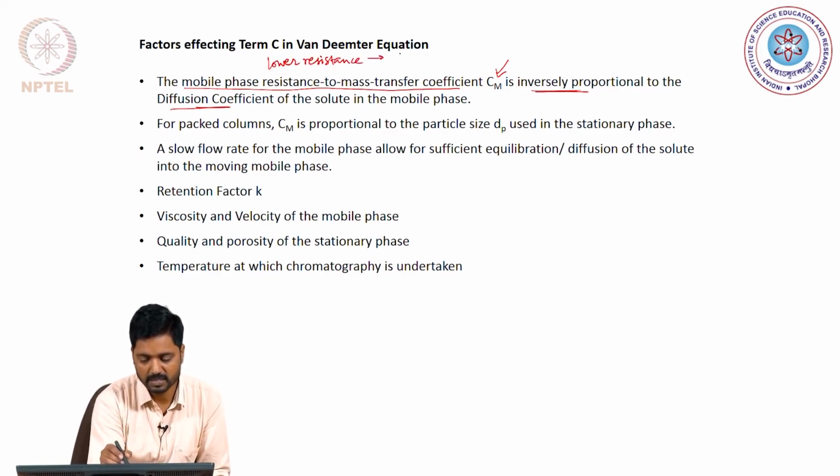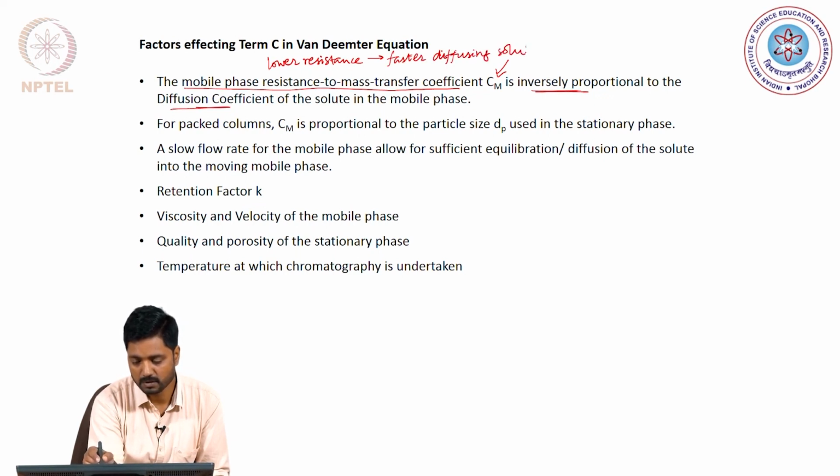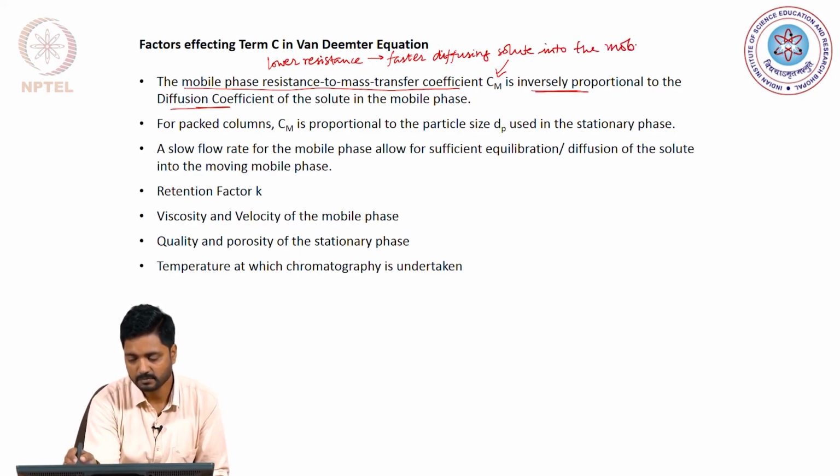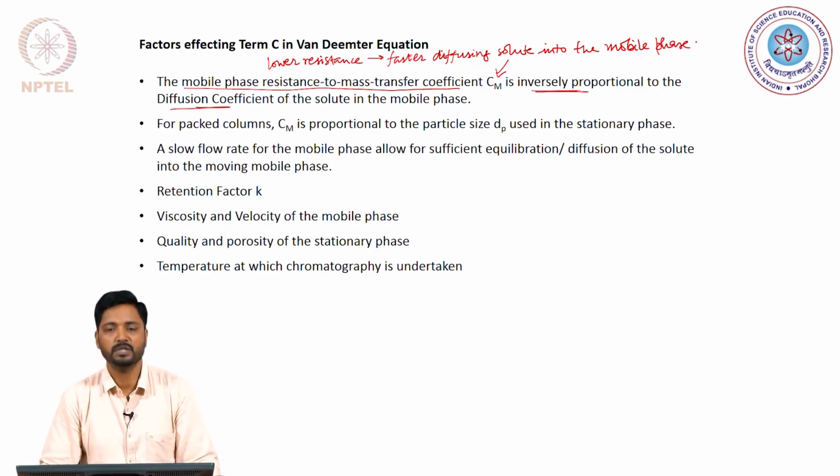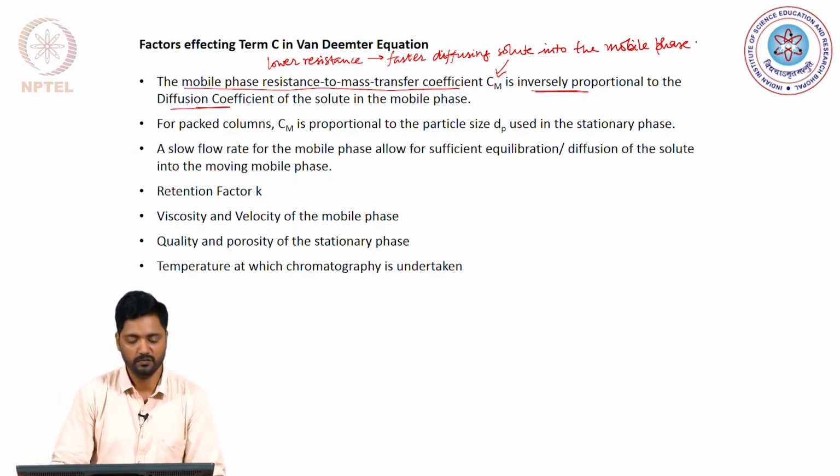So, a lower resistance is found for a faster diffusing solute into the mobile phase. And consequently, if the diffusion coefficient is smaller, we will have a greater resistance for this mass transfer to happen from the void to the free flowing mobile phase.